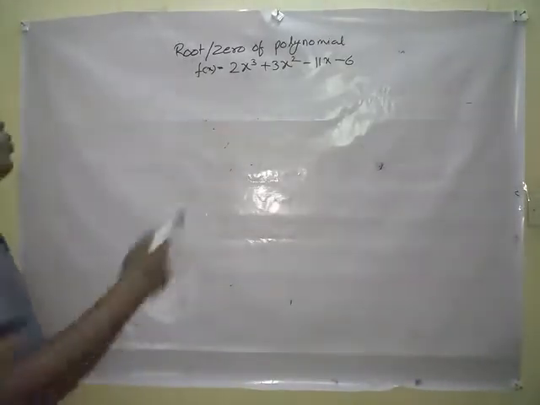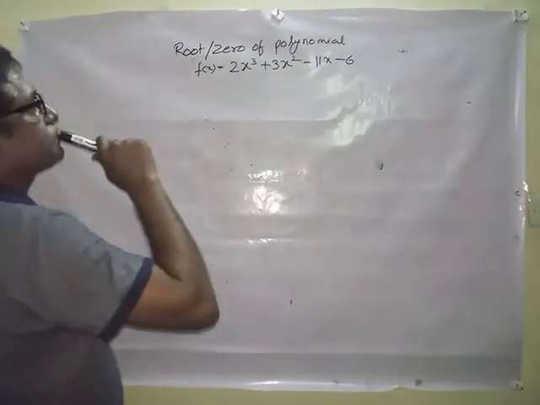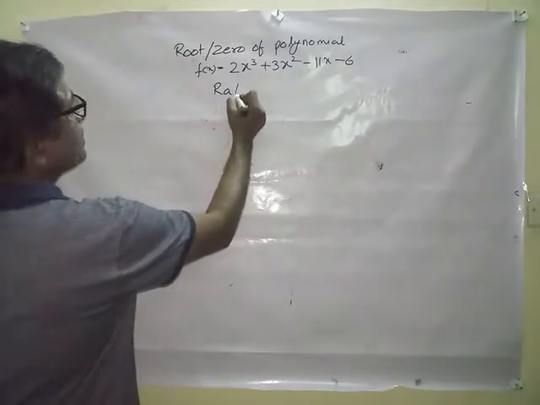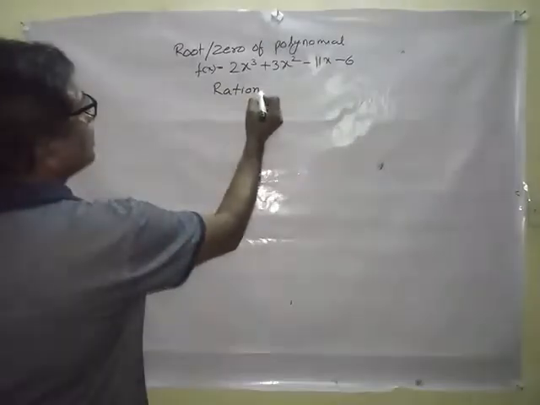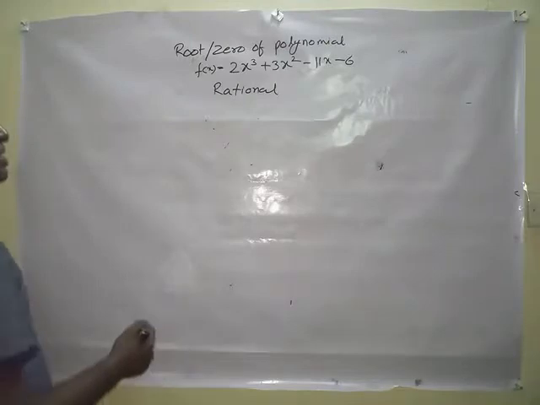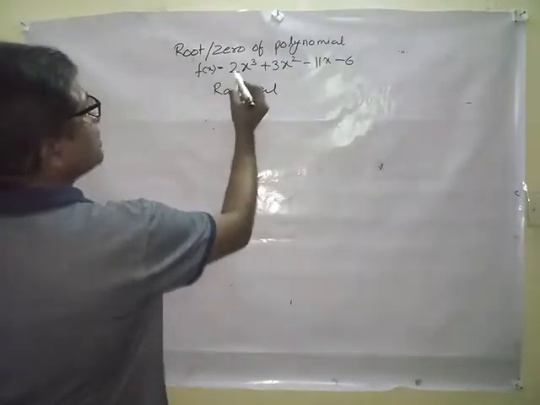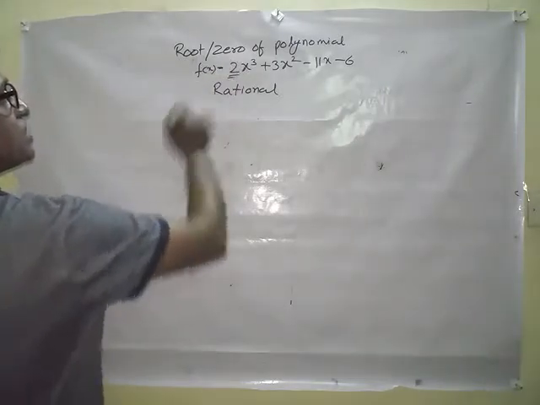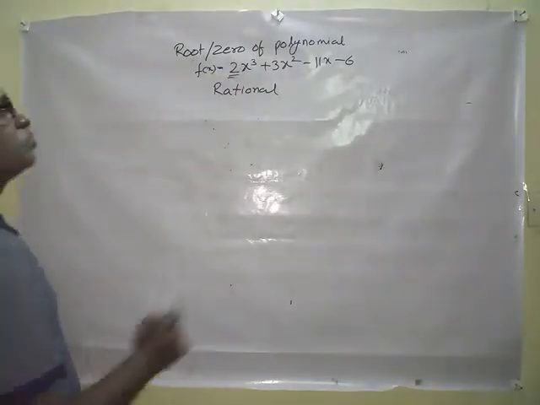Now, what will be the factor for this? Definitely it will be a rational root. It can be an integer also, but it will be rational because the highest degree has a coefficient other than 1.